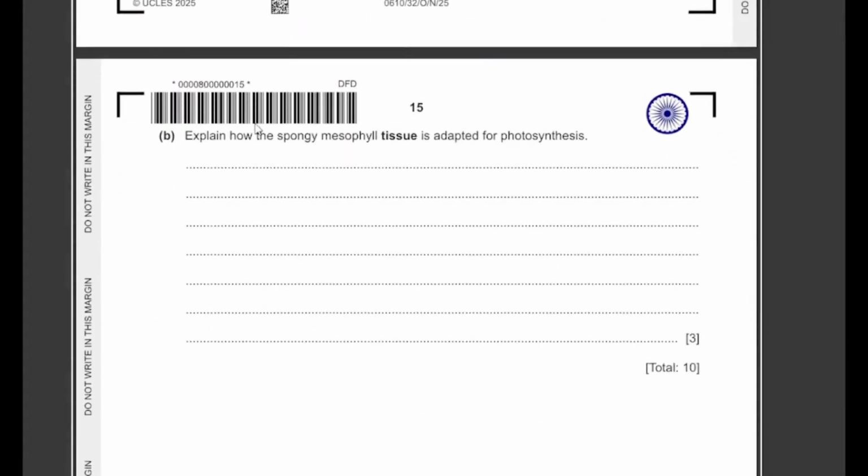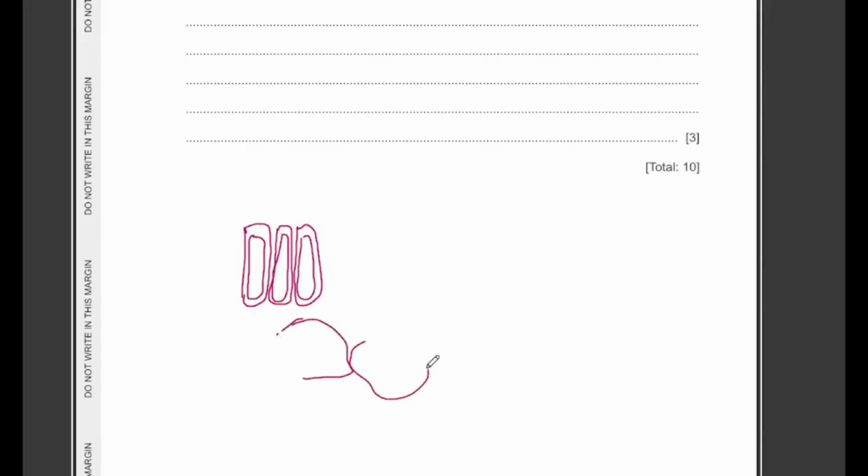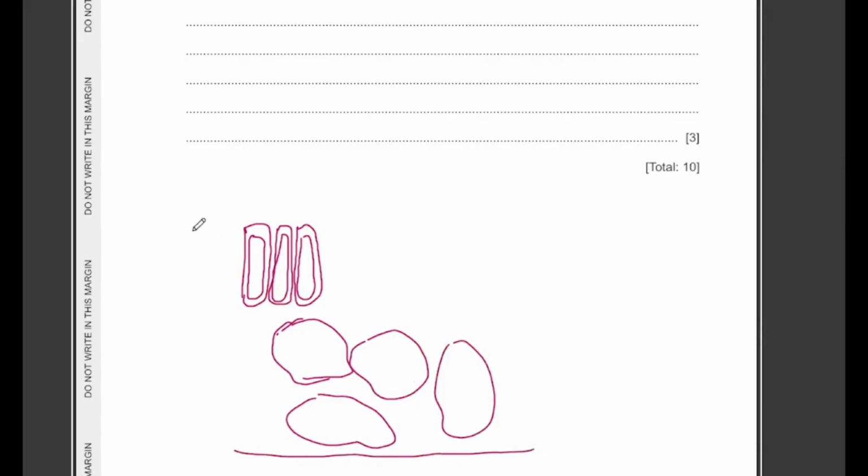Just imagine that these are spongy mesophyll cells. I'll just draw here. These are palisade mesophyll cells under the epidermis, and they will have a lot of chloroplast like this. Below this there's an air space, and the spongy mesophyll cells you will find like this, a lot of spongy mesophyll loosely packed, and in between they have the air space like this.